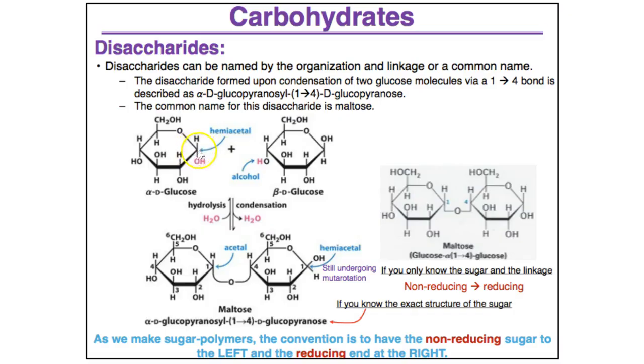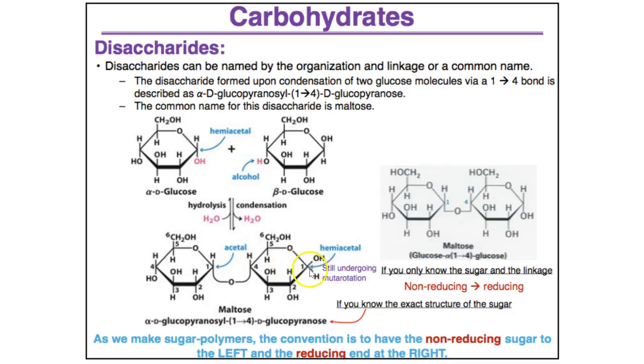So this ring opens up, and now it can react with the hydroxyl group of another carbohydrate, in a condensation reaction, and form this glycosidic bond, which is right here. This is considered an acetal because you have this ether and this ether on the central anomeric carbon.